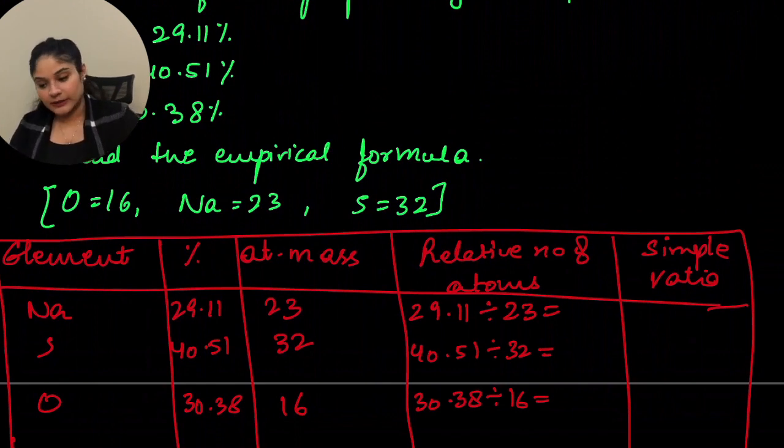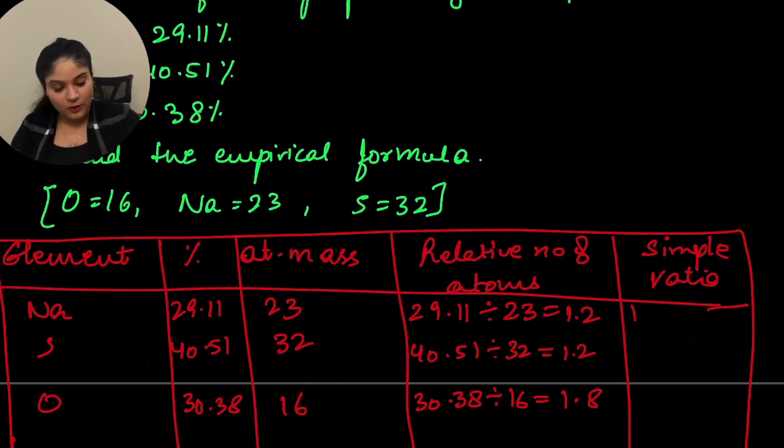So I'm getting 1.2, 1.2 and 1.8. And the simple ratio is 1.2 divided by 1.2, 1.2 divided by 1.2, 1.8 divided by 1.2.